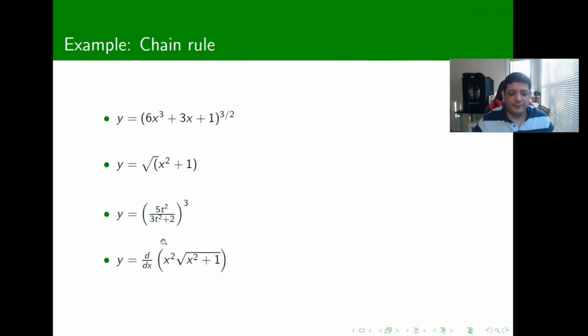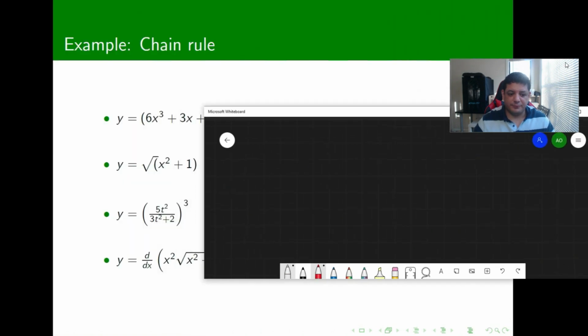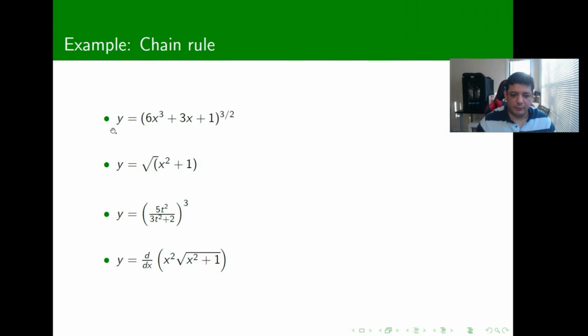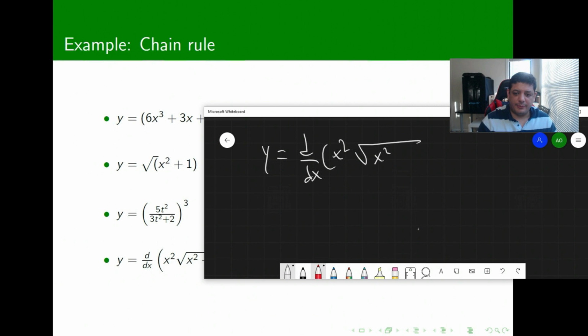Now the last one is just a product rule with a chain rule. So not that complicated really. We have y equals the derivative with respect to x of x squared plus 1. So it's a little bit of the one before plus something extra.